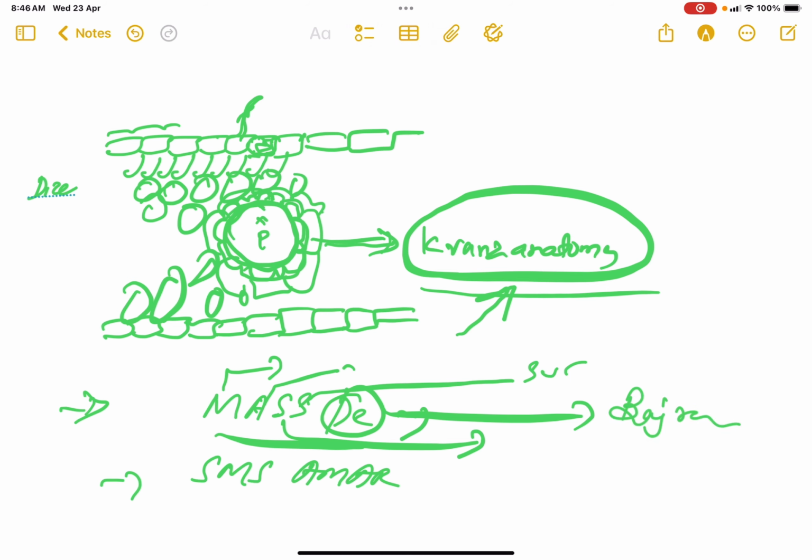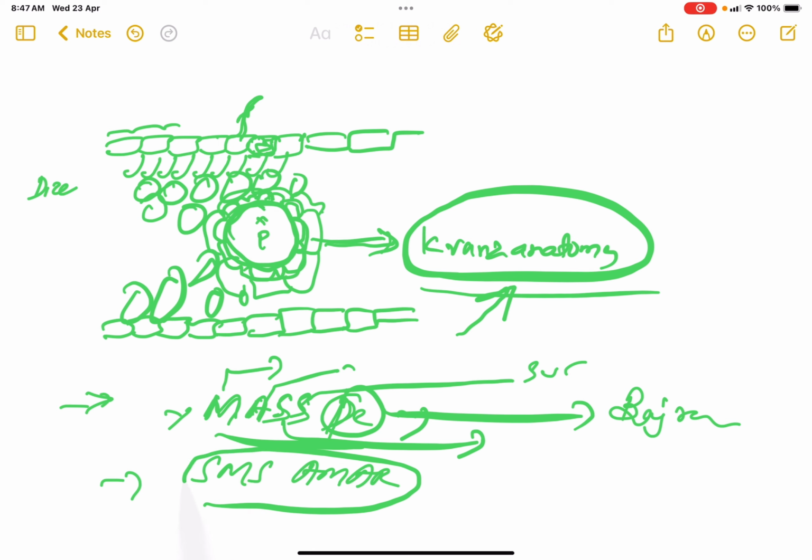So examples of C4 plants are maize, amaranthus, sorghum, sugarcane and pennisetum, whose common name is bajra.